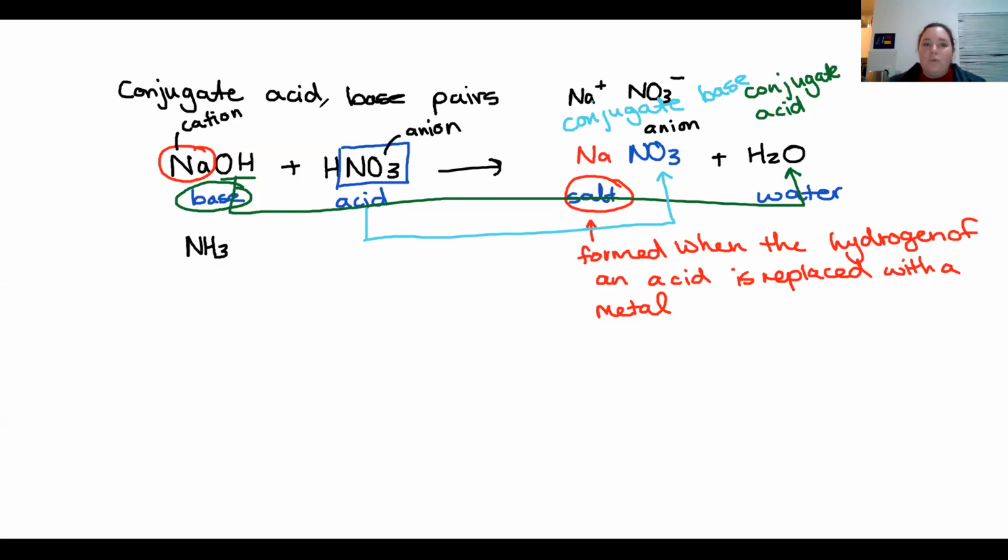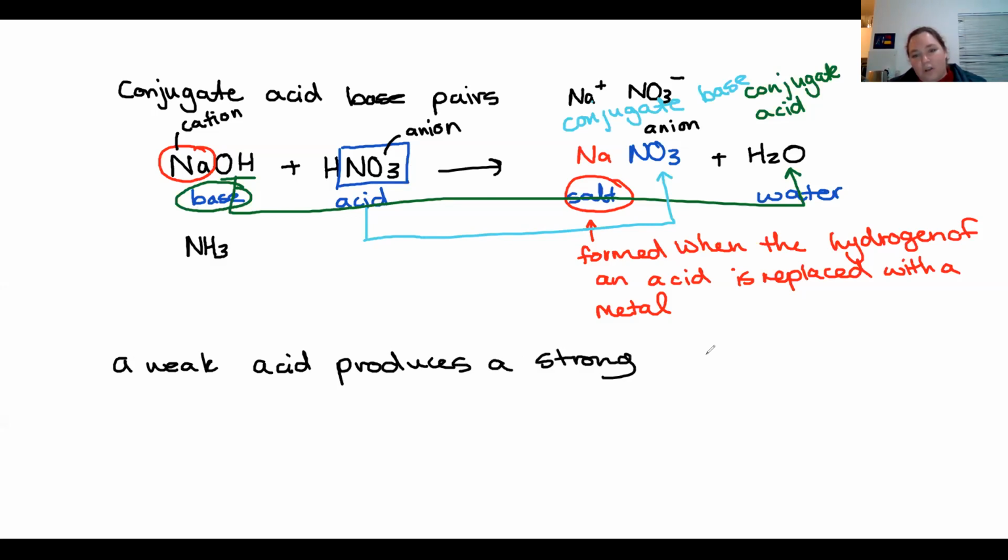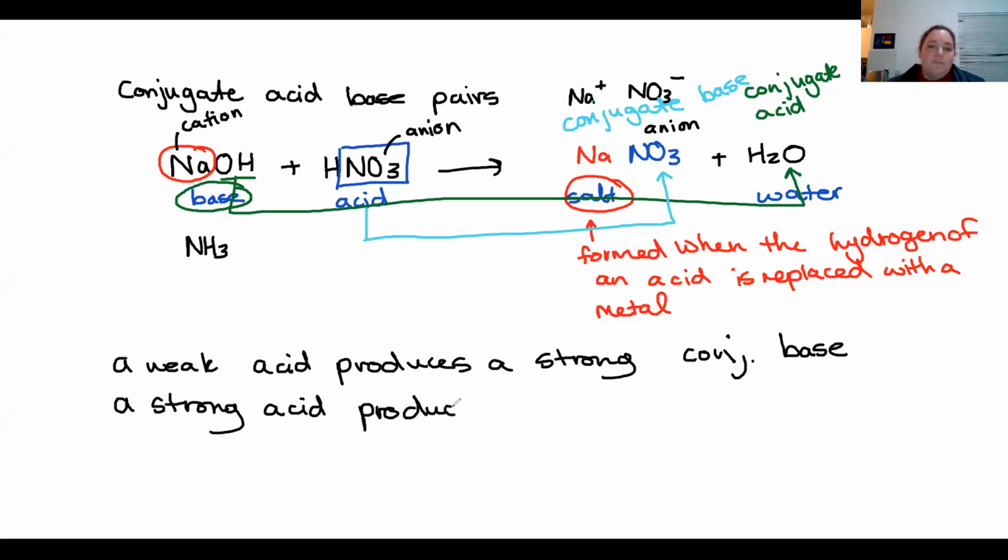And our rule when we form these is that a weak acid produces a strong conjugate. Please write it out in full in the exam. A weak acid produces a strong conjugate base, and a strong acid produces a weak conjugate base.